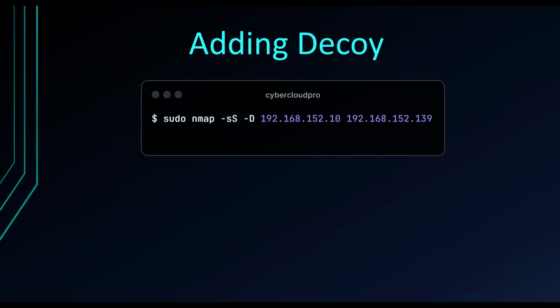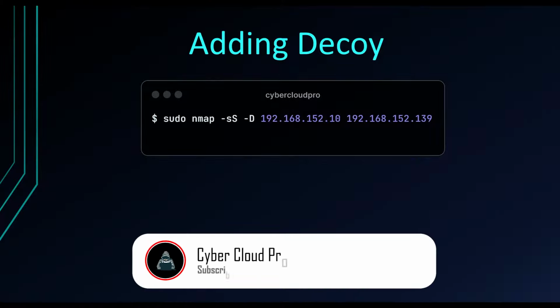But with a decoy, this decoy IP will also send the same packets. So now the target machine will be getting two SYN packets on each port. Not at the same time, there will be a time gap.